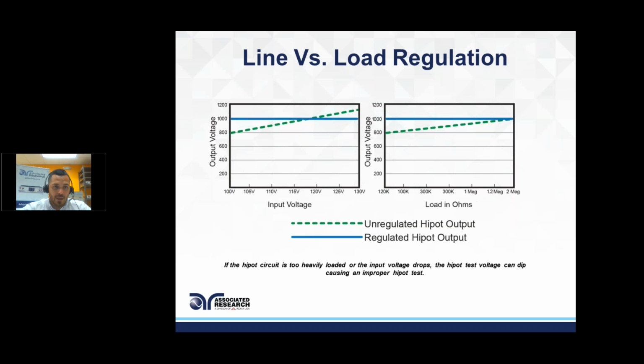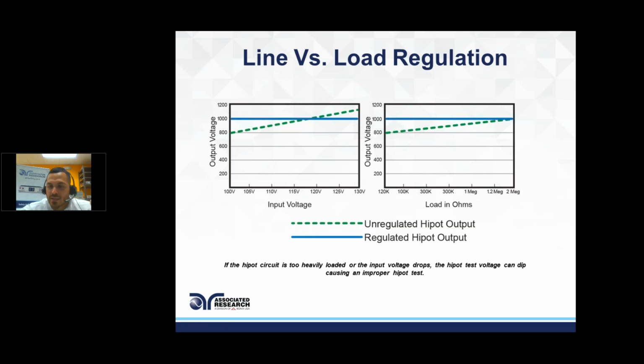If I'm going to have up to 1200 volts or 2000 volts, well then you better be giving me the high side of my input rating. Whereas our Associated Research Hipot testers have a feedback board that allows the output to stay consistent, to maintain, to keep driving, regardless of whether you're on the low side or the high side of your input value.